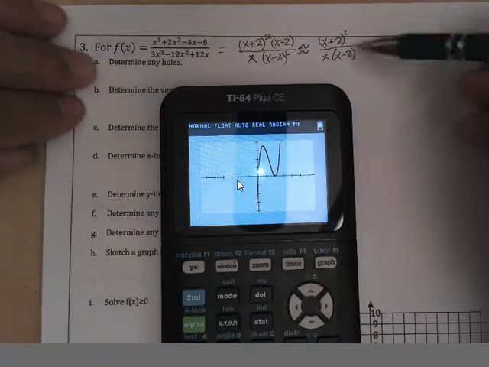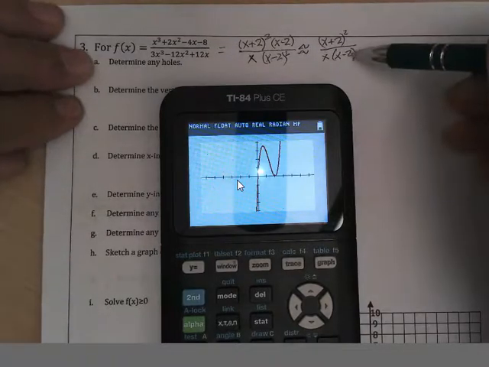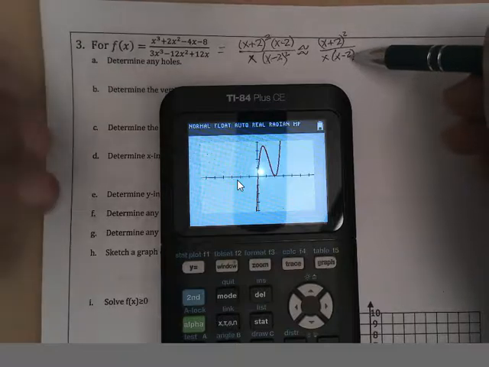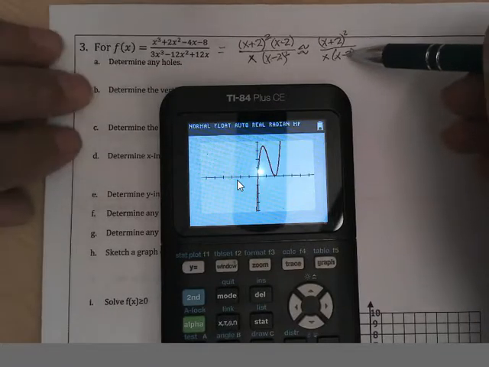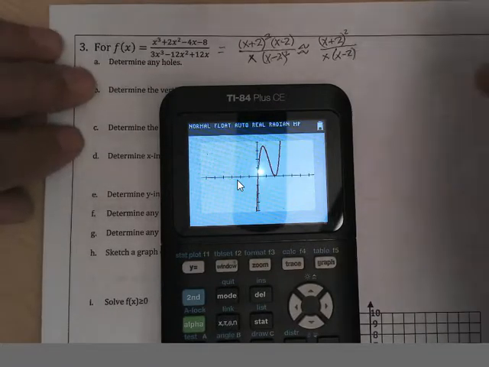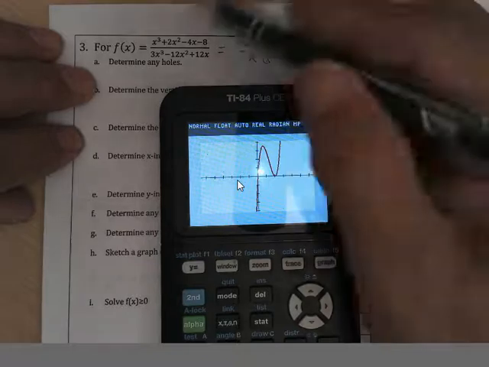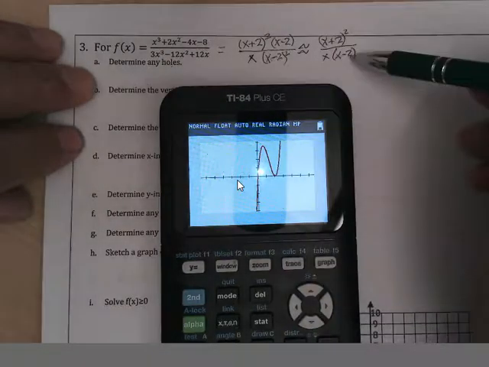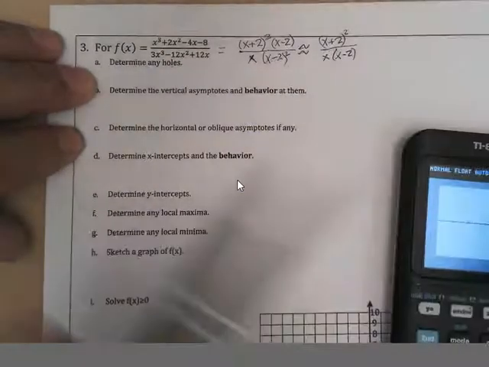And since there's still an x minus 2 in the denominator, that means there's still an asymptote at plus 2. So even though it looked like there would be a hole, there's going to be an asymptote there, so there's no holes.